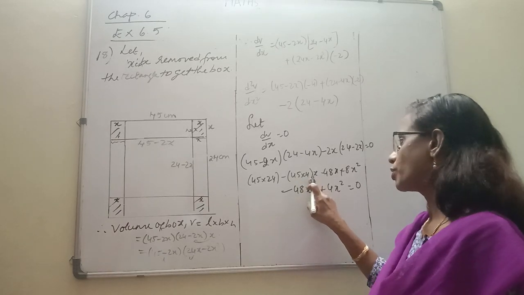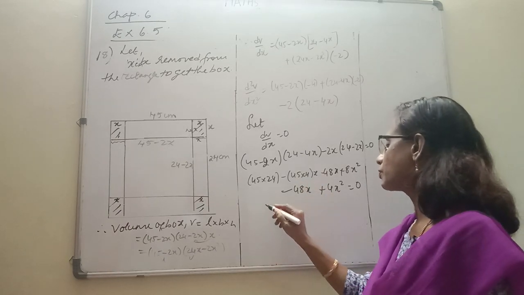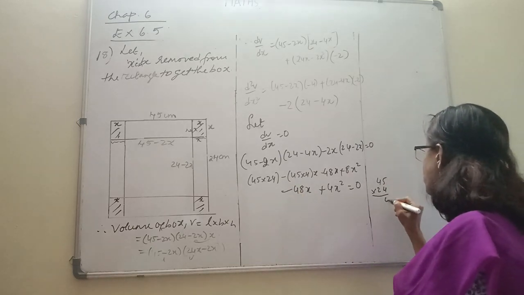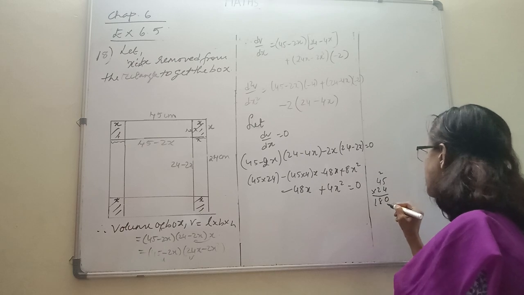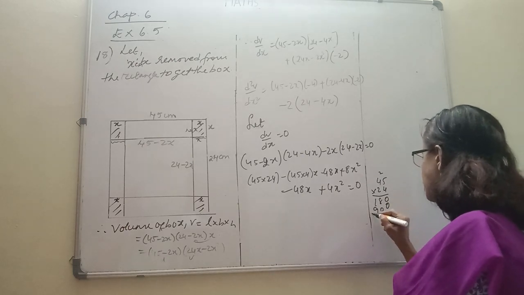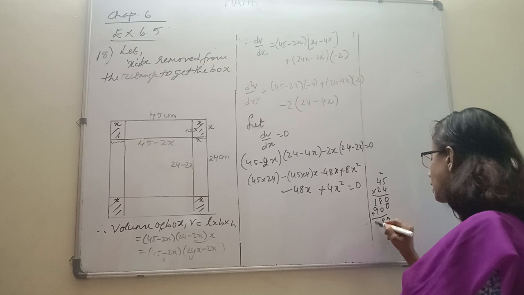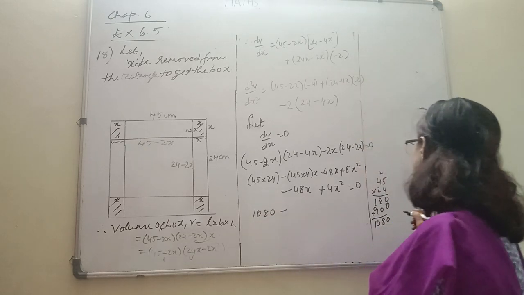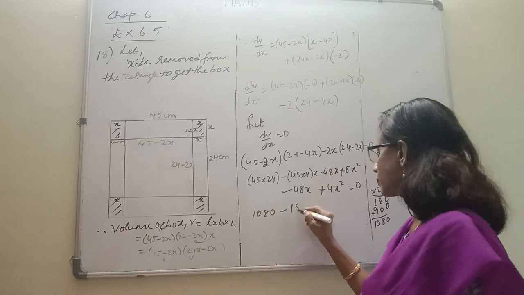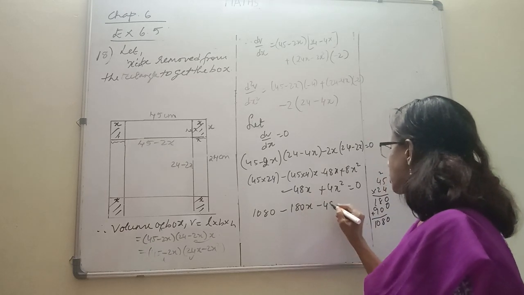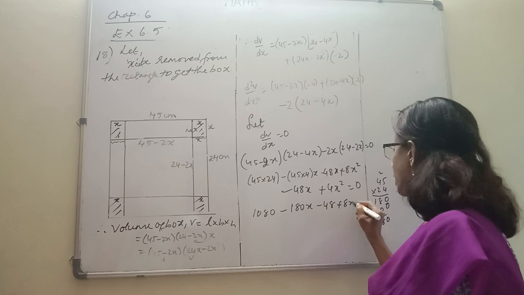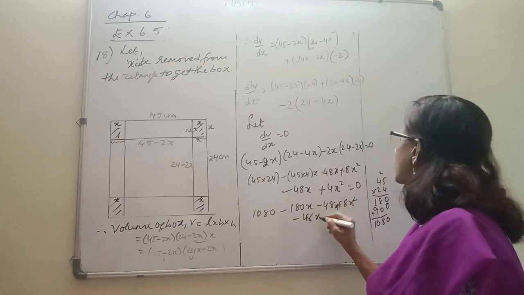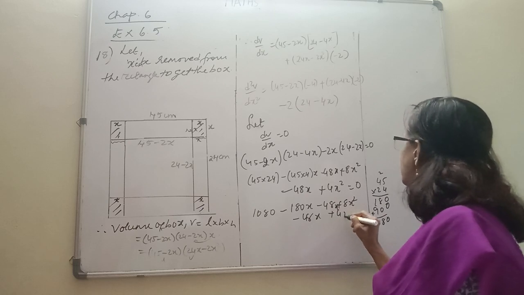45 times 24. Let's multiply all that. 45 times 24 is 1080 for the first bracket. Next bracket, 45 times 4 is 180, so it's 180x minus 48x plus 8x squared minus 48x plus 4x squared equal to 0.